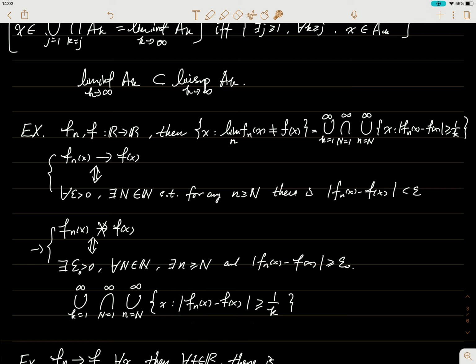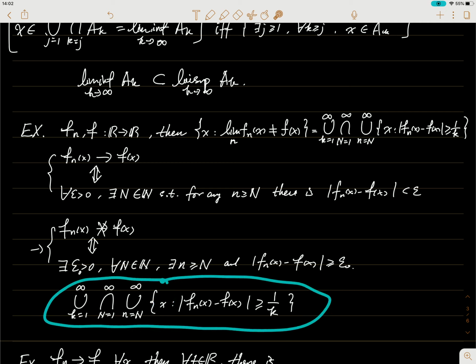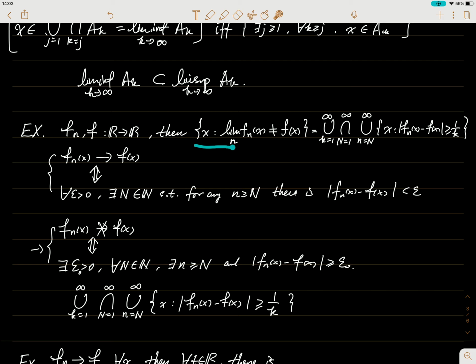Okay, so if f_n is not converging to f at this point x, then that just means that this is true. So I collect all those points x, and then take this. This will be the set where f_n(x) is not converging to f. That's why this is just equal to that. Okay, and this is essentially just the right hand side.